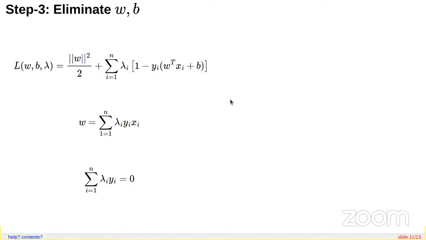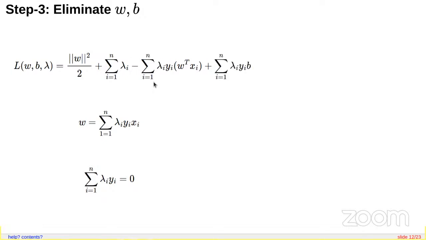Okay, so what happens next is we are going to eliminate W and B from the Lagrangian. So what we'll do is we'll plug back W and B into this particular expression. So this will be a slightly longish step.